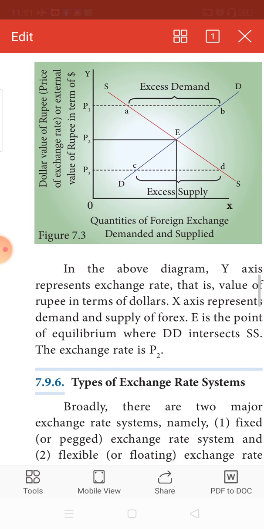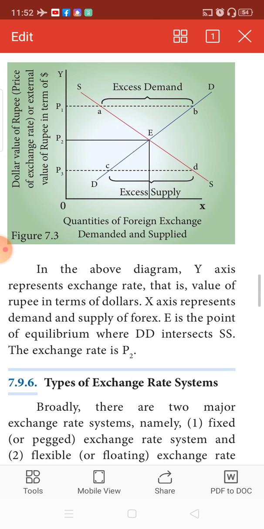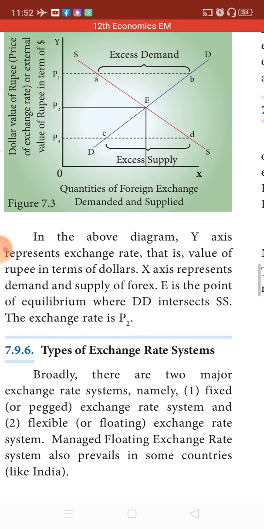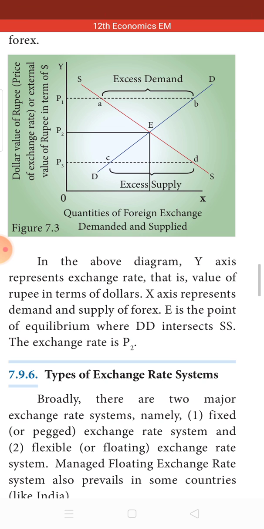The x-axis represents the supply and demand for foreign exchange. E is the point of equilibrium where DD intersects SS. So the equilibrium exchange rate is what? P2, that's all. Now this diagram you learn as it is given in the textbook itself.